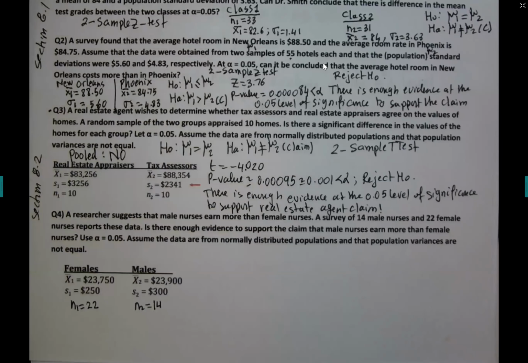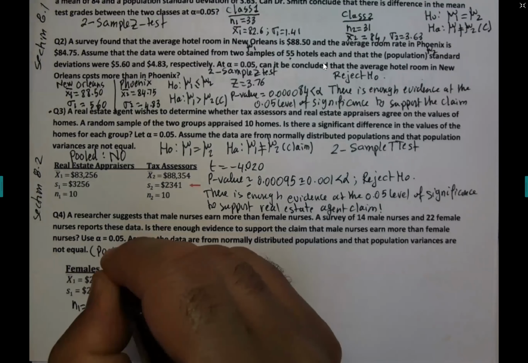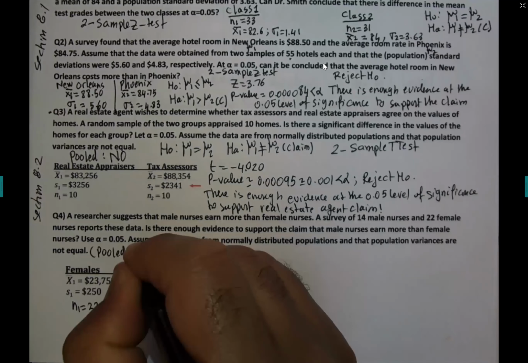Report this data. Is there enough evidence to support the claim that male nurses earn more than female nurses? Use alpha equal 5%. Assume the data come from a normal population and the population variances are not equal. That means pooled is no. This is a hint, guys, for you. This is a two-sample t-test.